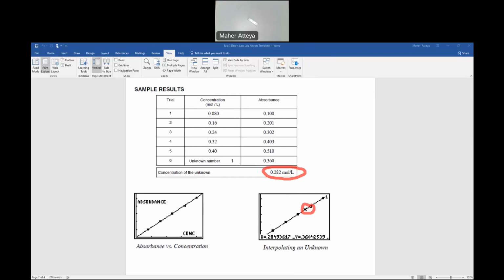So let's go back and look at how we approach this. Very simple. I did for you all the calculation you need.